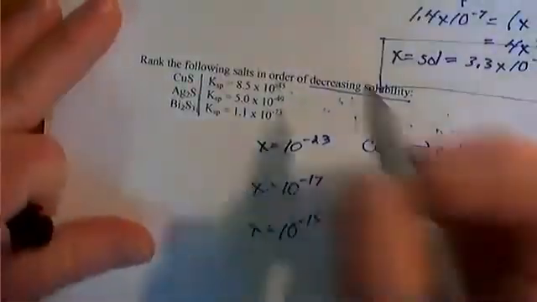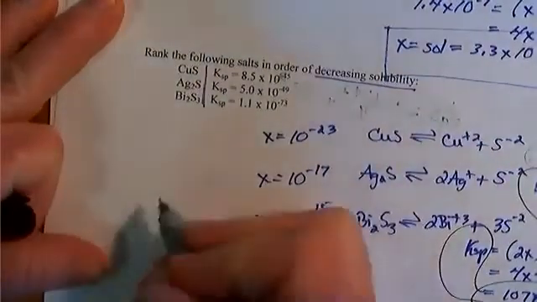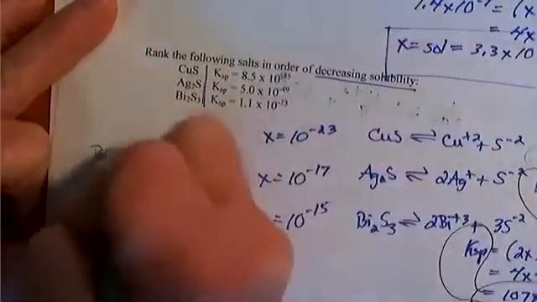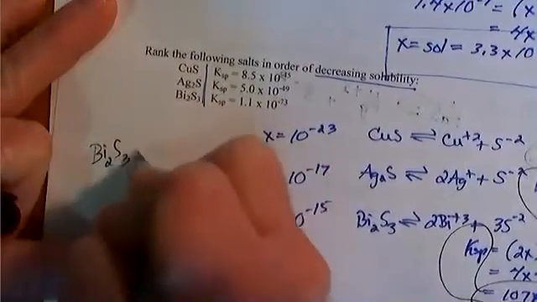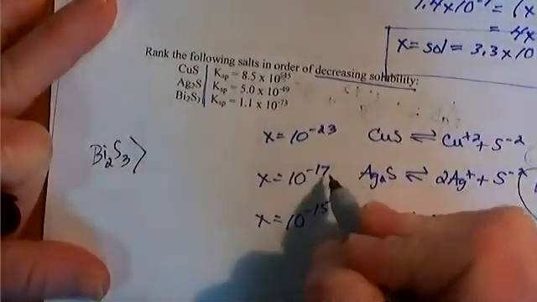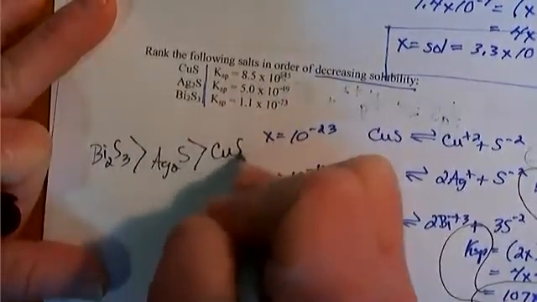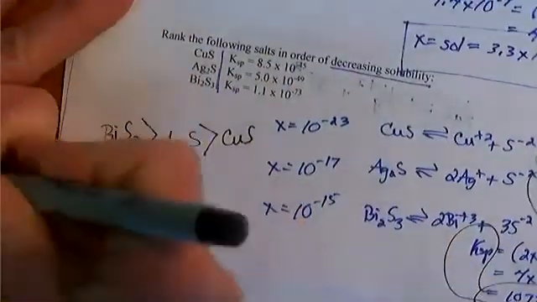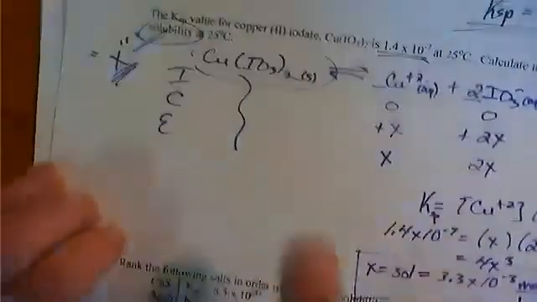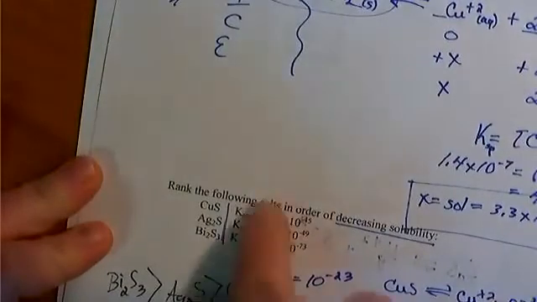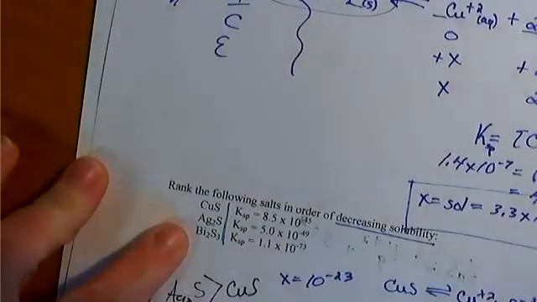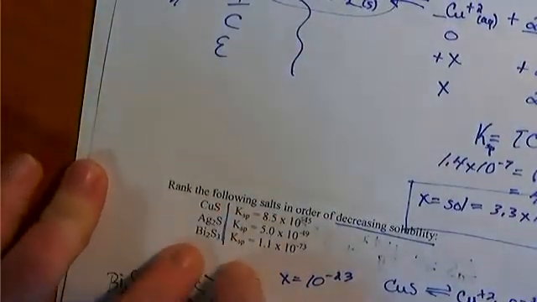And so if it's decreasing solubility, then your bismuth sulfide is the greatest, and then the silver sulfide, and then the copper sulfide. Okay, so that walked us through how we find solubility given Ksp, and then just taking care whenever you are ranking solubilities given Ksp values.